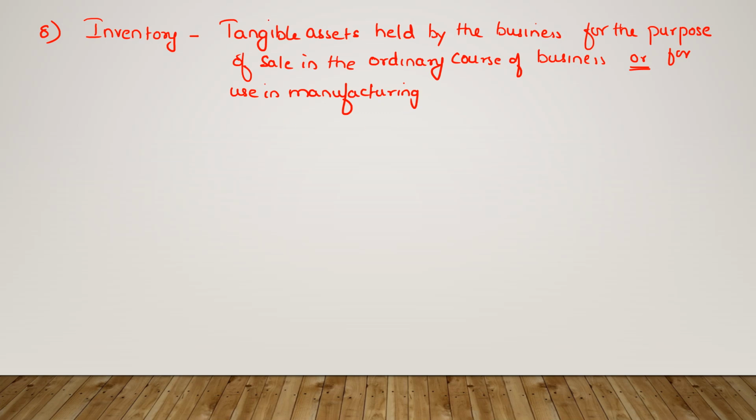So both of these are covered under the term inventory. Now there are two types of inventory that you will come across. One is called opening inventory and the other is called closing inventory.